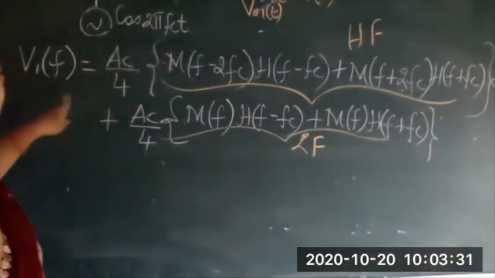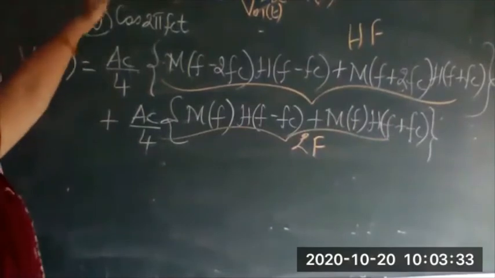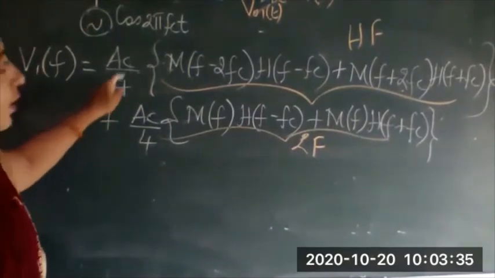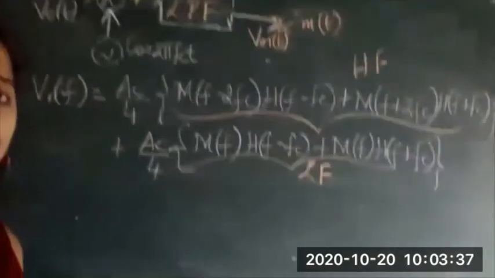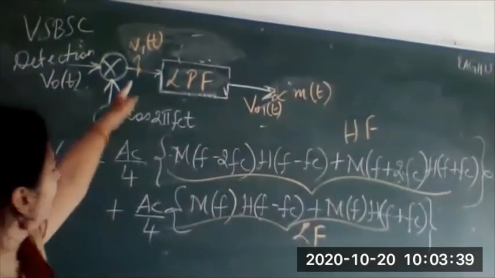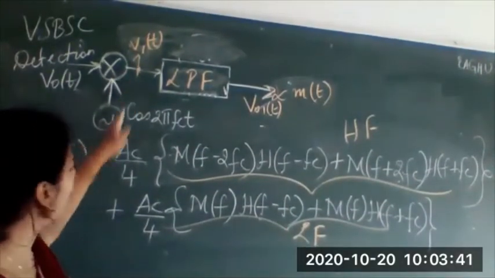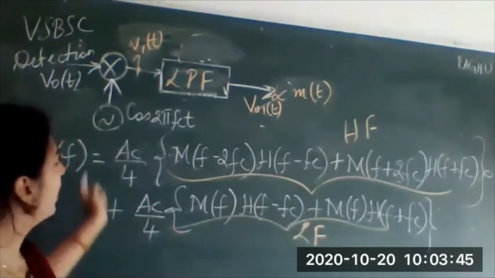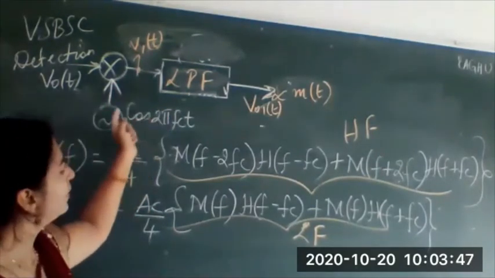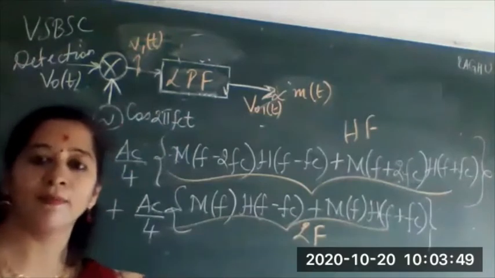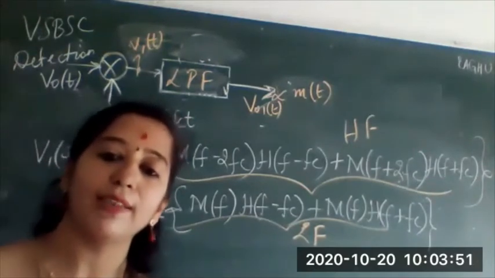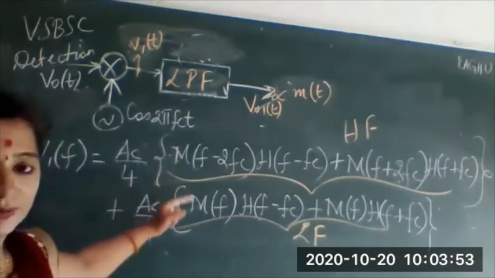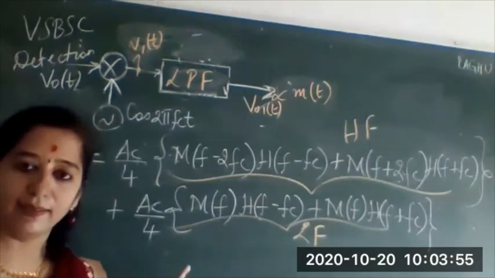We are going to send this signal V1(t) or V1(f) through a low pass filter. In frequency domain it's V1(f), in time domain it's V1(t). You send it through a low pass filter. When you send it through a low pass filter, which terms will remain and which terms get eliminated?